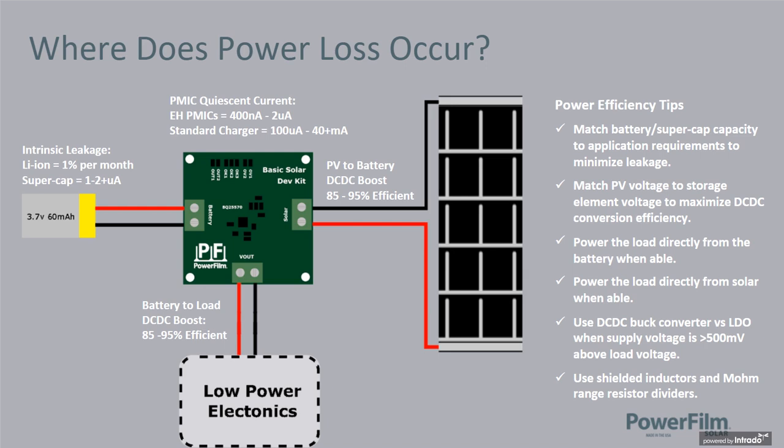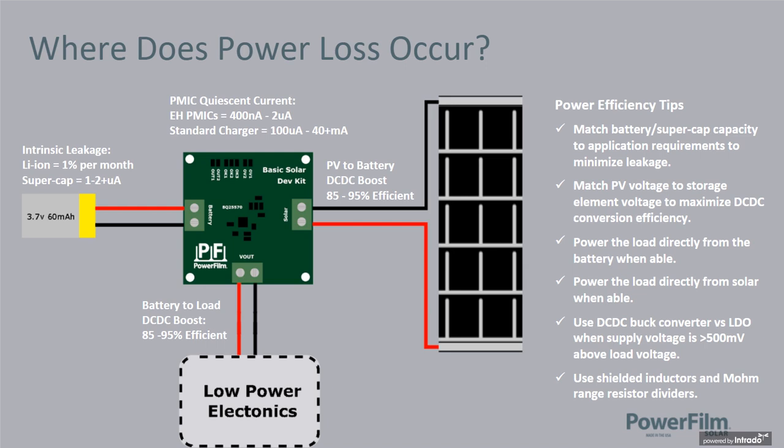A standard modern energy harvesting power management IC is going to draw in the neighborhood of 400 nanoamps to 2 microamps just to run. If you're looking at standard chargers or even a standard solar charger, it's going to be a lot higher power consumption, 100 microamps all the way up to 40 milliamps for some larger systems.